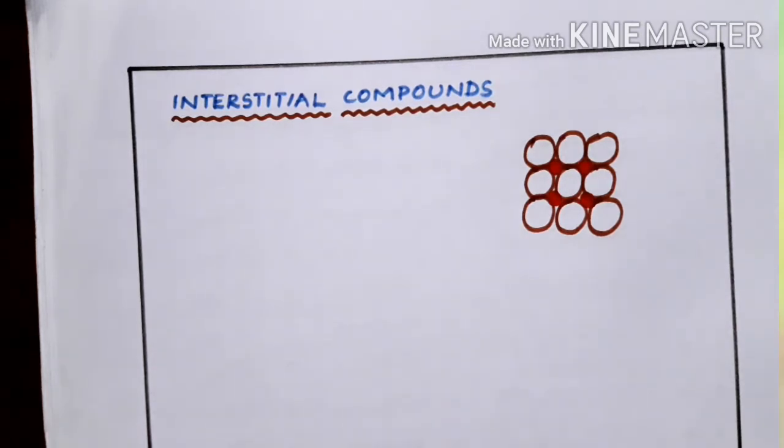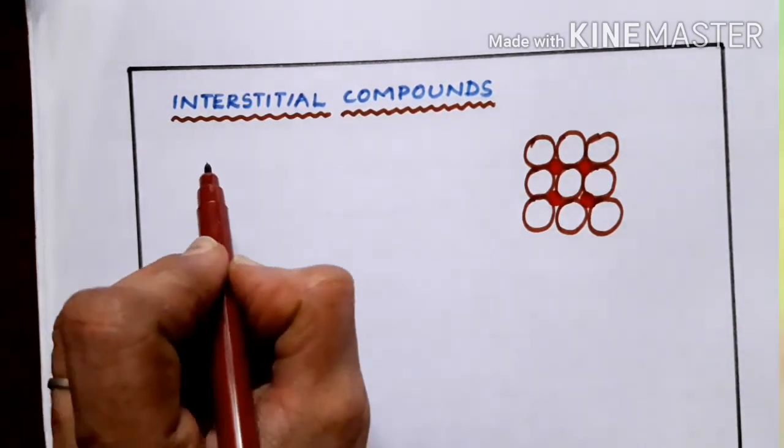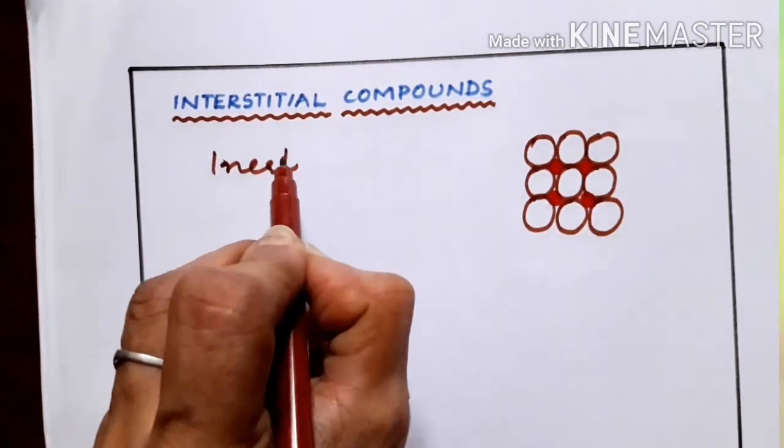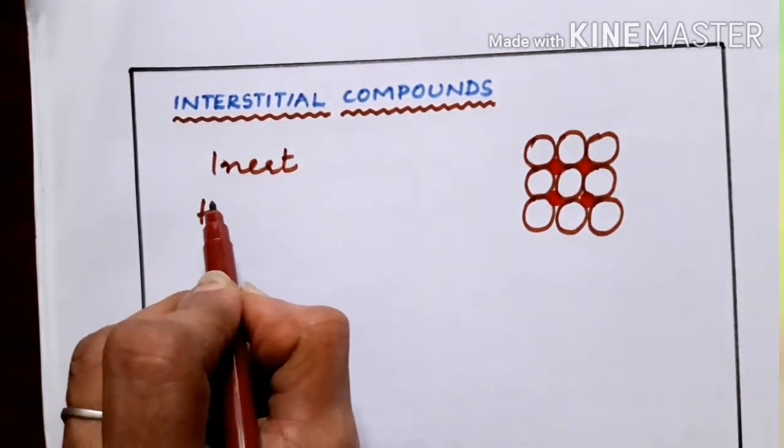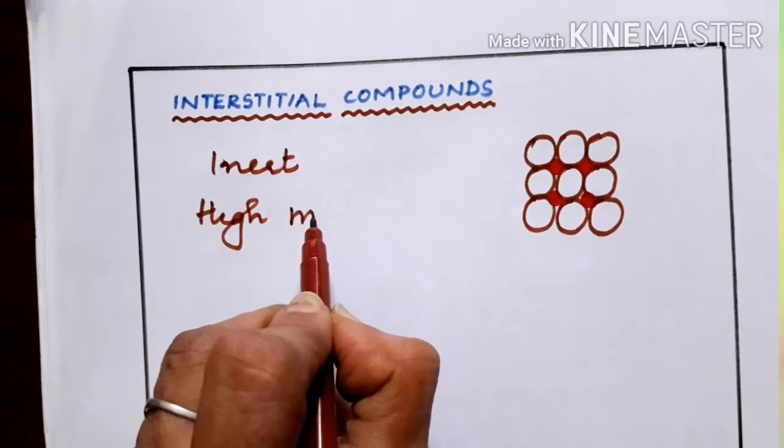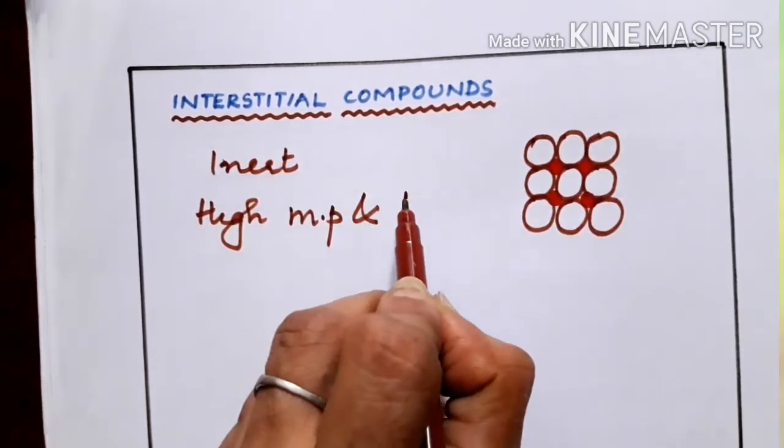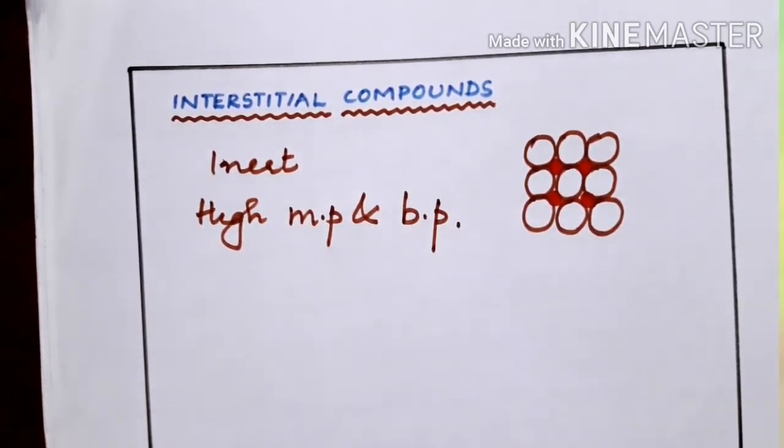These interstitial compounds are found to be inert in nature and they have high melting and boiling points, and they are very tough in nature. So interstitial compounds are of industrial importance.